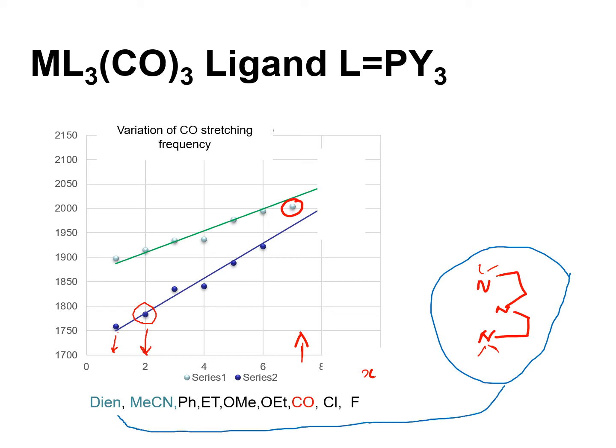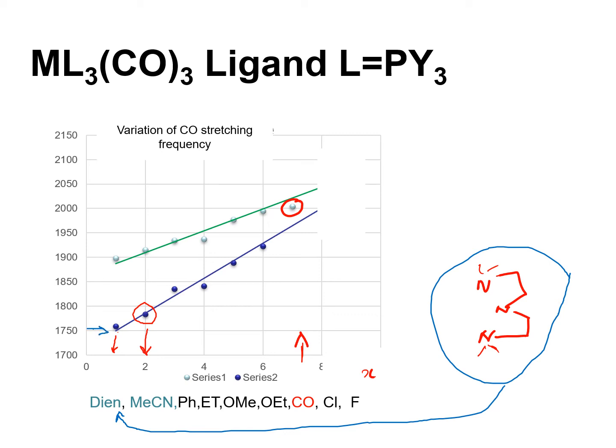This is a very good donor, and what it does is it lowers the stretching frequency of the trans carbon monoxide, which suggests that if you do not have a pi acceptor trans to the carbon monoxide, it is capable of accepting a lot of electron density, and so the frequency of CO goes down all the way to 1750 centimeter minus 1.